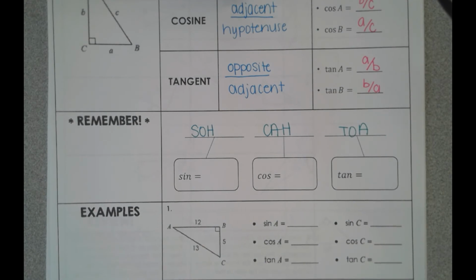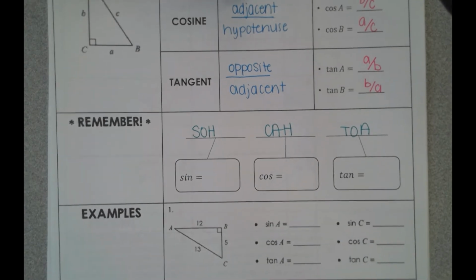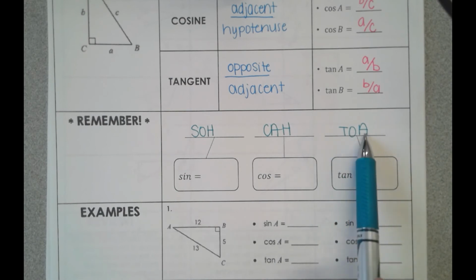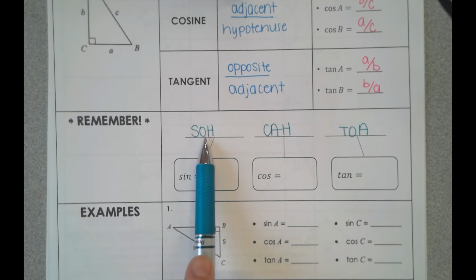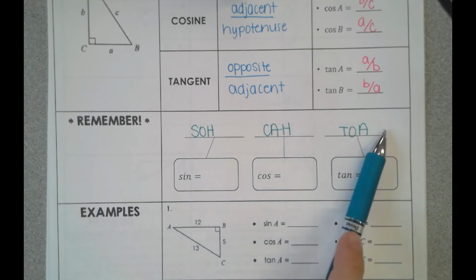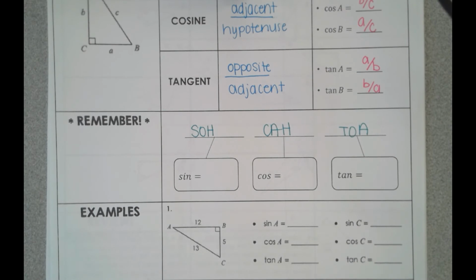If you spell it wrong, then it doesn't help you out. Some people have a big long sentence. One of them is "some old horse caught another horse taking oats away." Or some people say "some old hippie caught another hippie tripping on acid." So I just remember SOHCAHTOA.